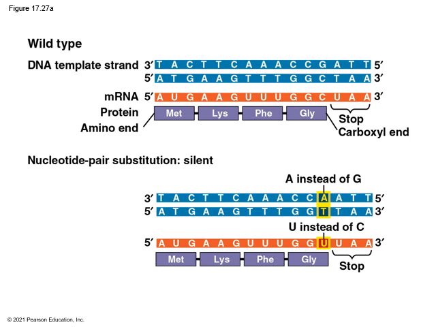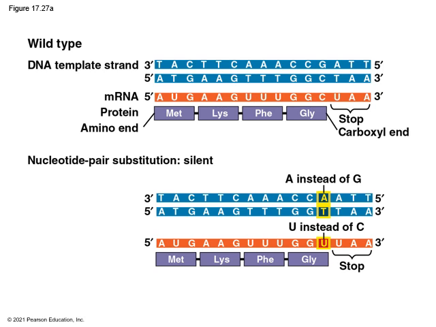So when you look at, say here, this example of a silent mutation, the messenger RNA sequence translated will give you methionine, lysine, phenylalanine, glycine.